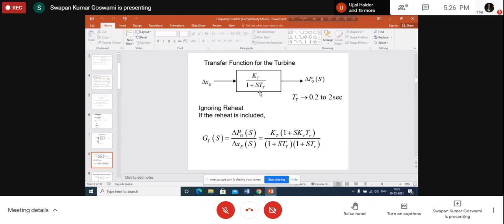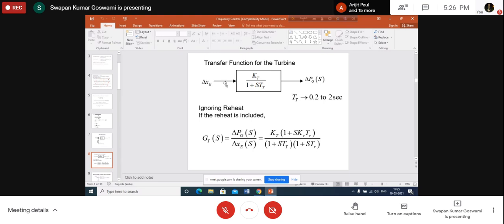Let us assume that we are considering the superheater only, not the reheater. The reheater may be considered if you represent the turbine using a second order transfer function like this. So for the superheater only, this will be the simple representation, and for the time being, we shall be satisfied with this representation only.